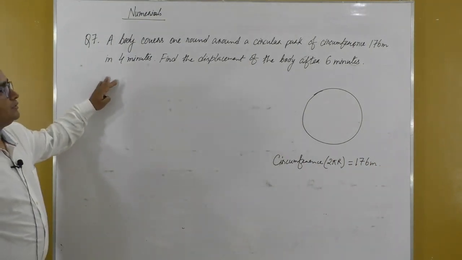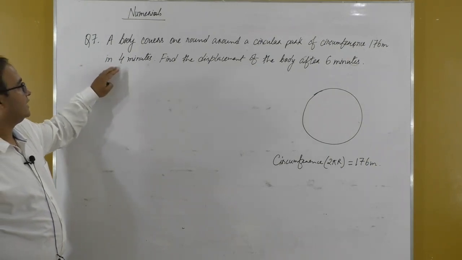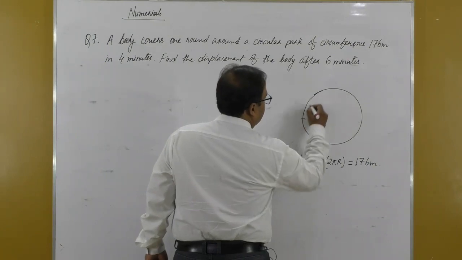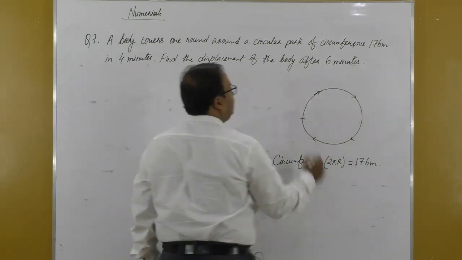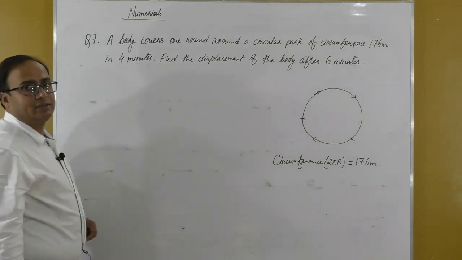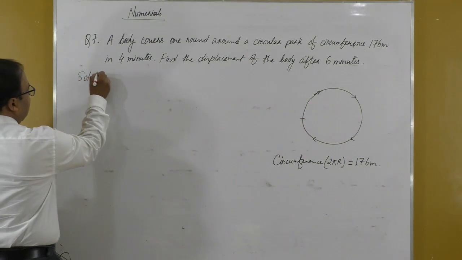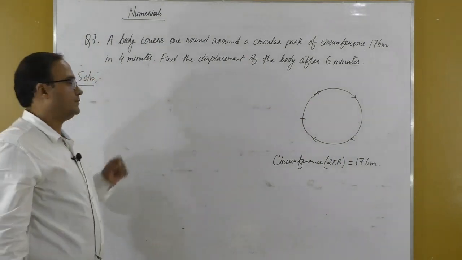Find the displacement of the body after 6 minutes if it covers 176 meter of circumference in 4 minutes. So to complete one round around the park, the time taken is 4 minutes. First we can find out the number of rounds completed in 6 minutes.